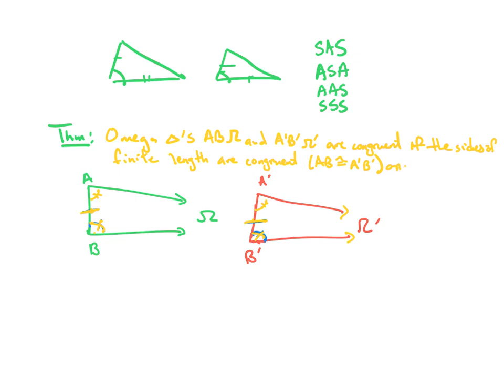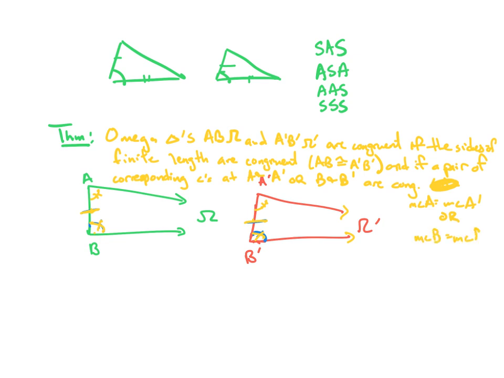And if a pair of corresponding angles at A and A prime or B and B prime are congruent. That is, let's say the measure of angle A equals the measure of angle A prime, or the measure of angle B equals the measure of angle B prime. Okay, so this is one congruence criterion for omega triangles.